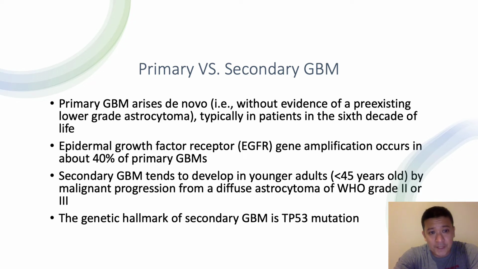Secondary GBMs tend to develop in younger adults by a malignant progression from a diffuse astrocytoma WHO grade 2 or 3, which is the anaplastic astrocytoma. And the genetic hallmark of a secondary GBM is your TP53 mutation. For a primary GBM, your genetic hallmark will be the epidermal growth factor receptor amplification.